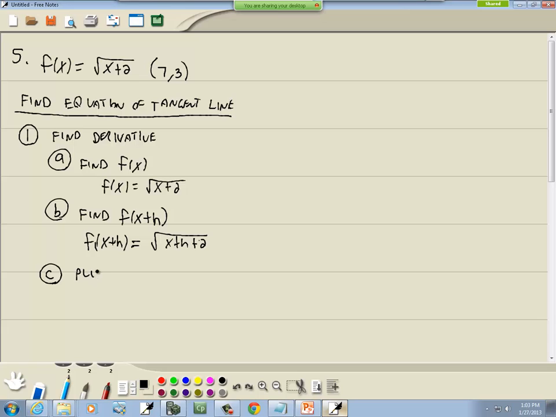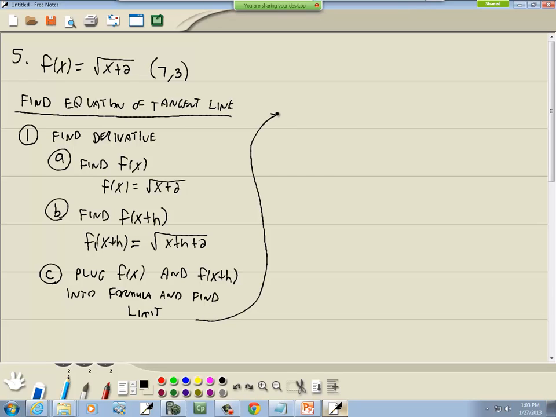And then we're going to plug f of x and f of x plus h into our formula and find the limit.